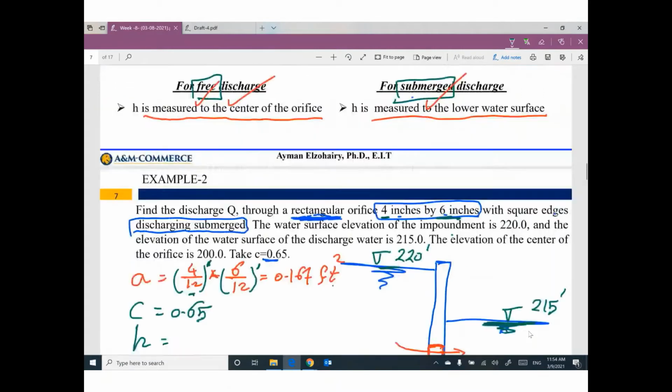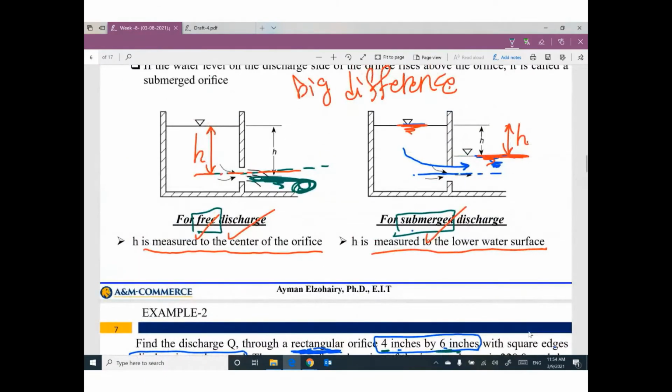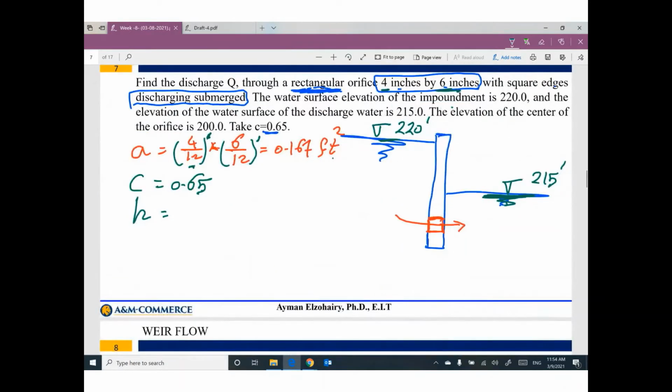I told you a moment ago, if you have submerged flow, the value of H is the difference between this water level elevation and this water level elevation. I don't care about where the center line of the orifice is because we have submerged discharge. So the value of H will be 220 minus 215, which is 5 feet. So the discharge will be C A square root of 2gH.